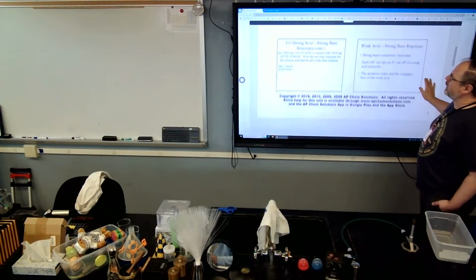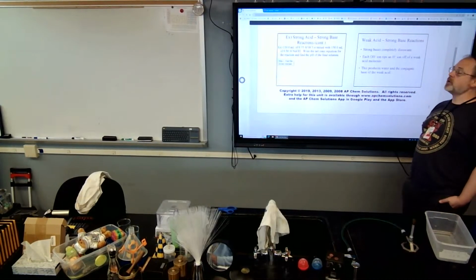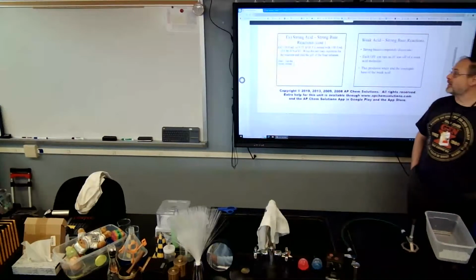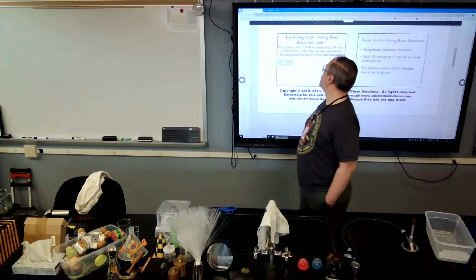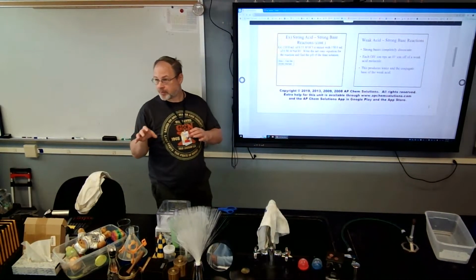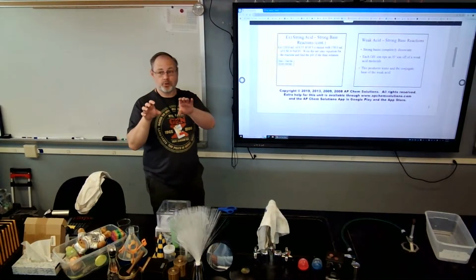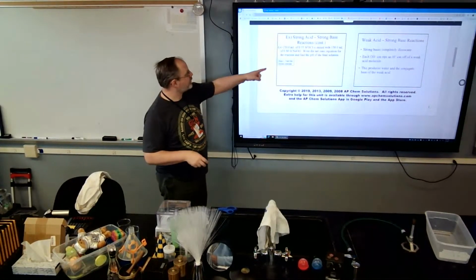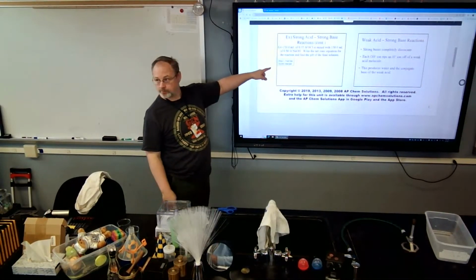So when you have a strong acid and base, exactly the same as Unit 4, they react completely, one proton to one hydroxide. But what you need to do is get to moles. This question is a review of Unit 4.